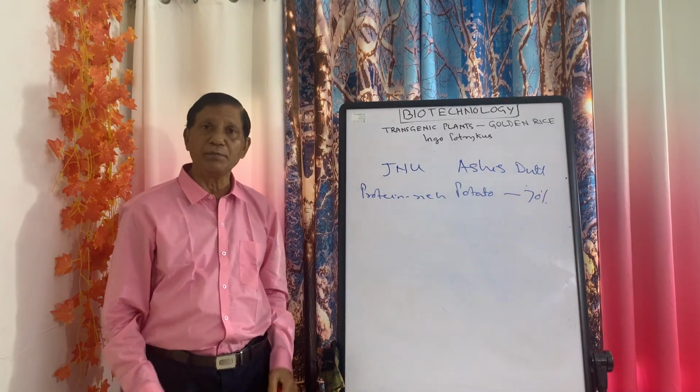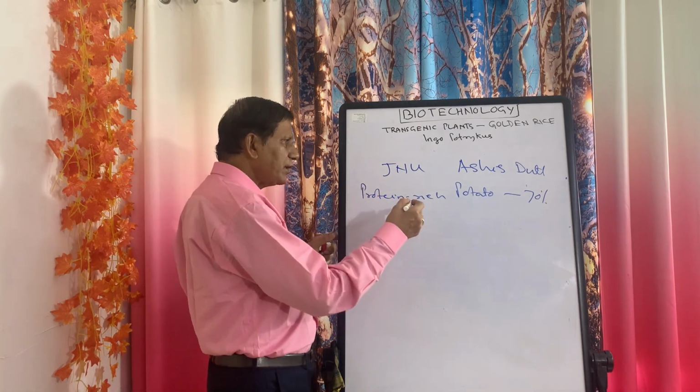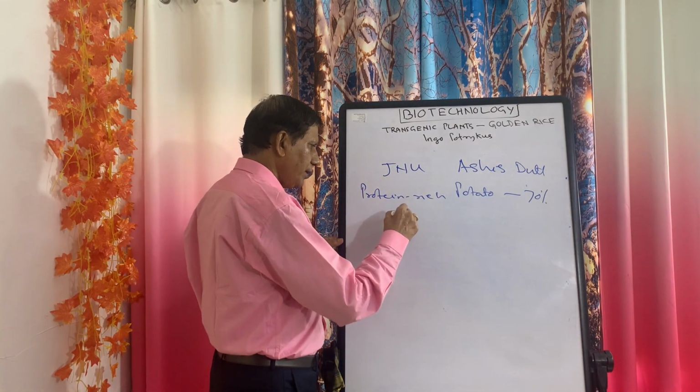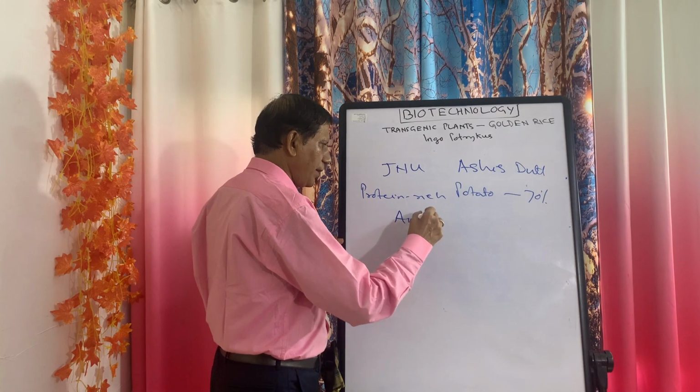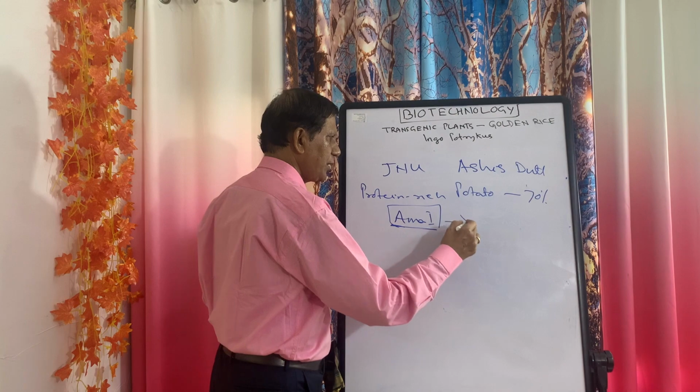Can you imagine 70% protein? So the name of that potato is AMA1 because this is the gene which was introduced in that potato plant.